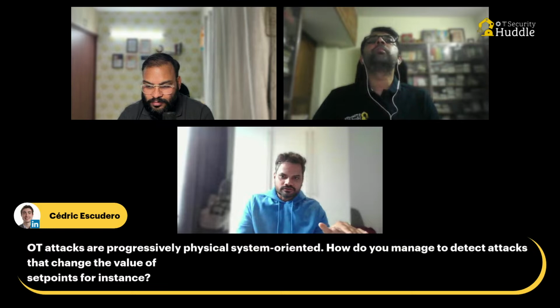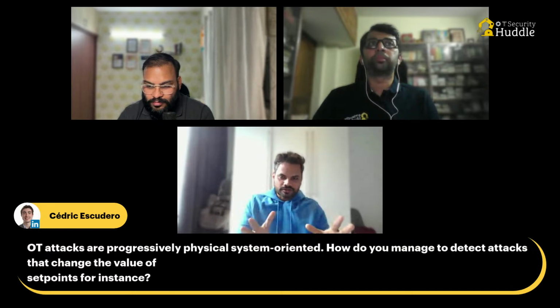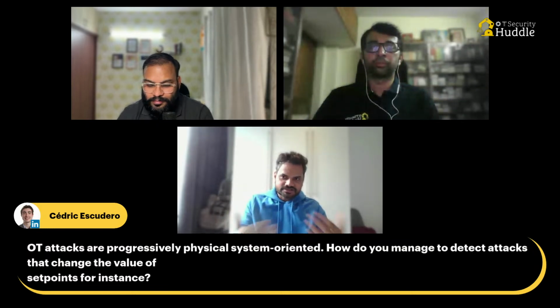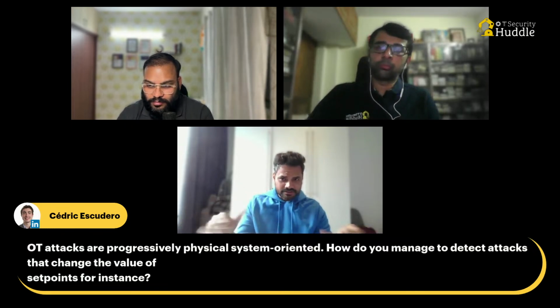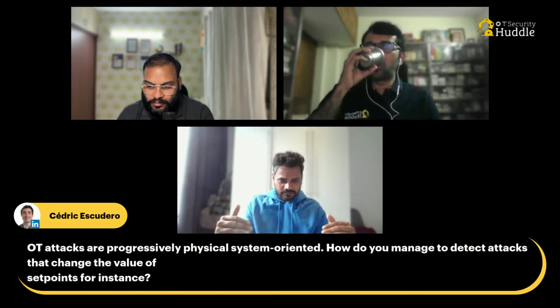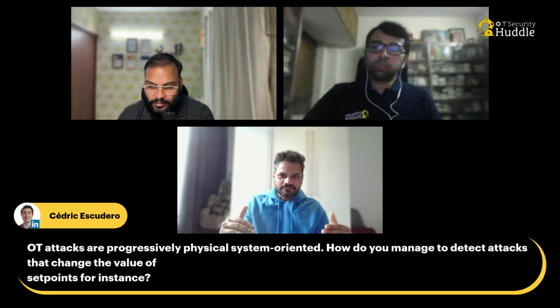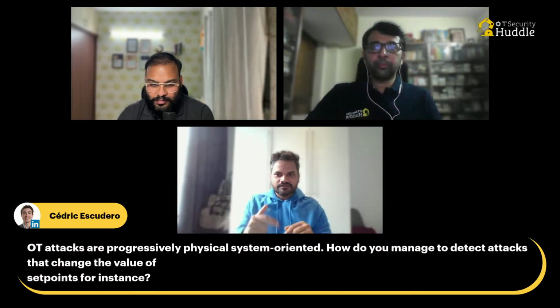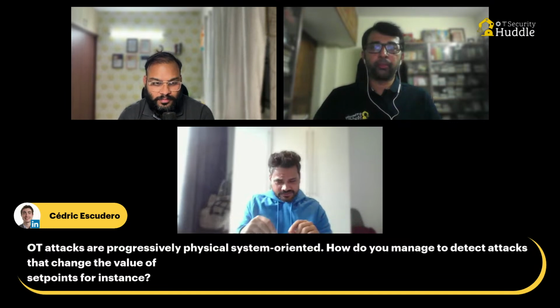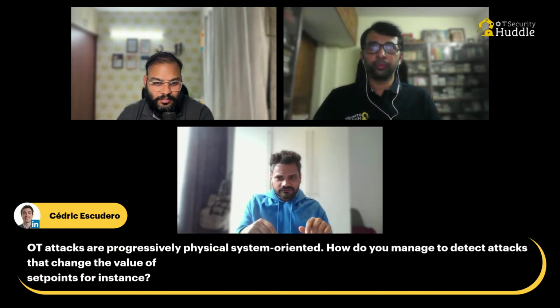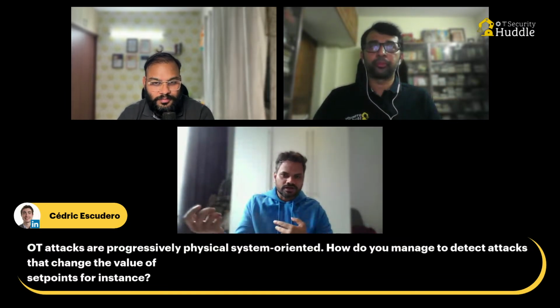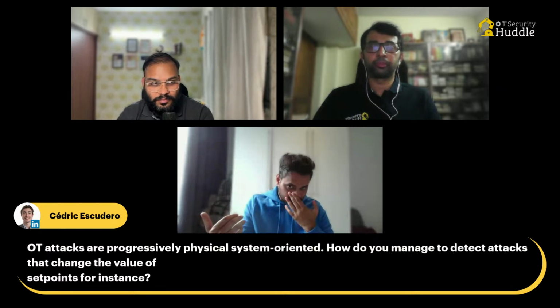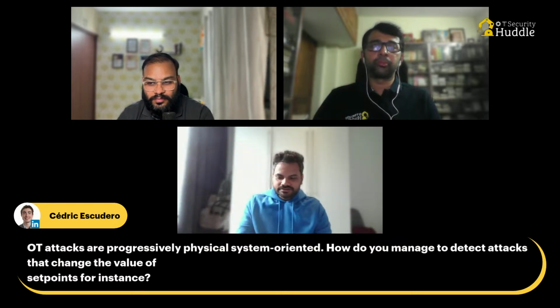Once you release the product in the plant, just commissioned, just after the SATs, the site acceptance test, the learning of Nozomi, or any other solution, has been done. After baselining, if someone changes the set point very far, it detects it and gives you an alert in the control room also. So these are detectable nowadays, I think.